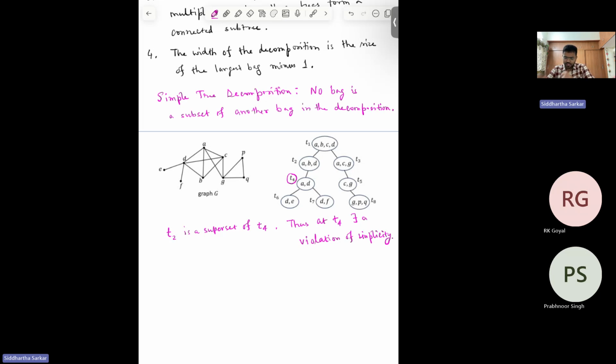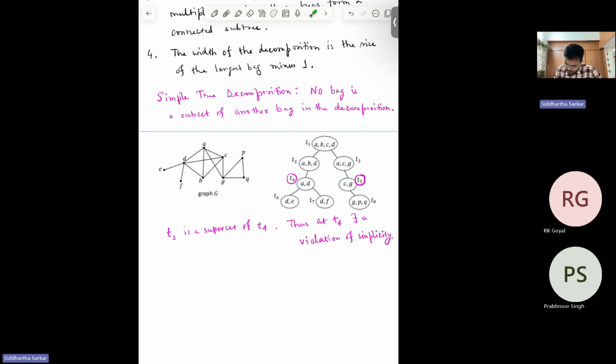All right, so we have identified that, but is there any other small bag, a bag of size 2, where there is a violation? How about T5? T5 is also a bag of size 2, and T3 is a superset of T5.